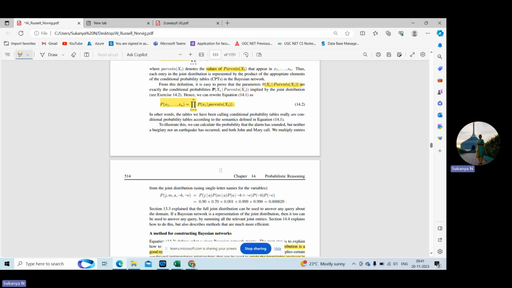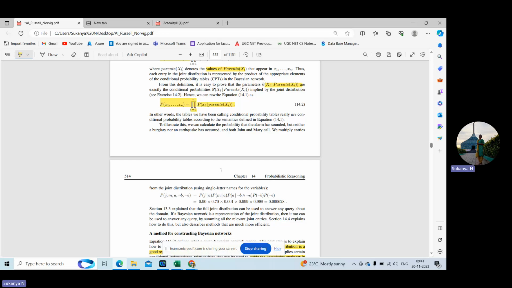By using that equation we have simplified this. So now using the product rule, if we rewrite this equation, we get the product over i equals 1 to n of the probability of xi given xi minus 1 to x1.